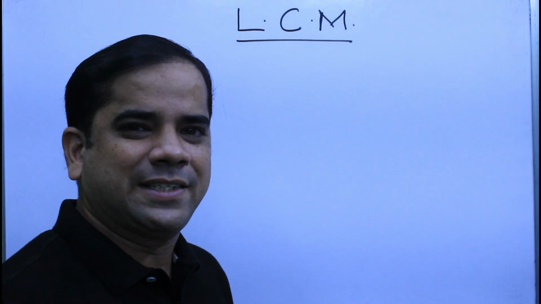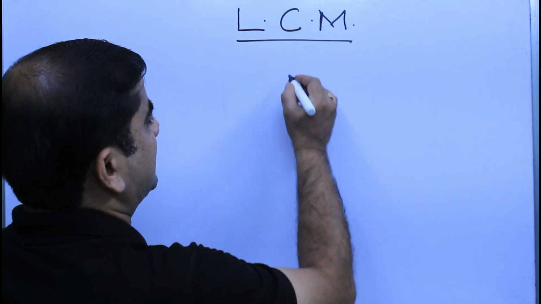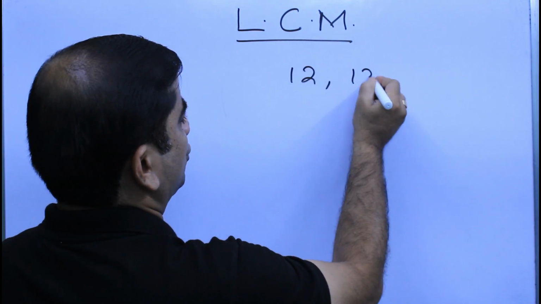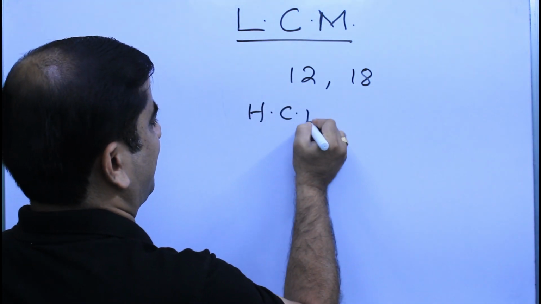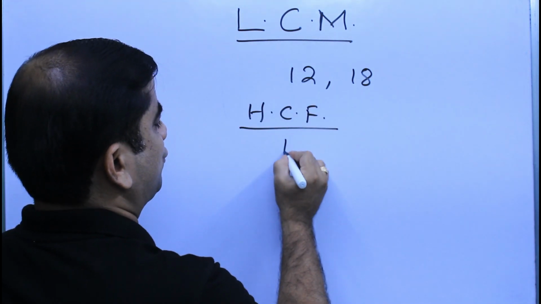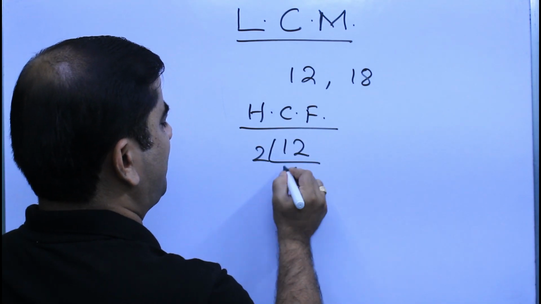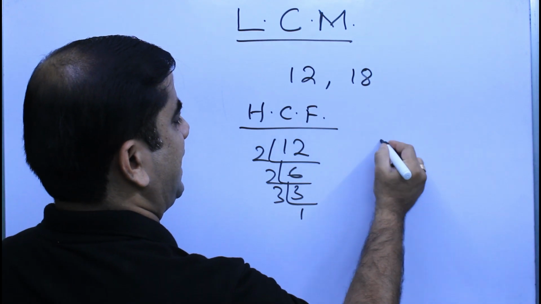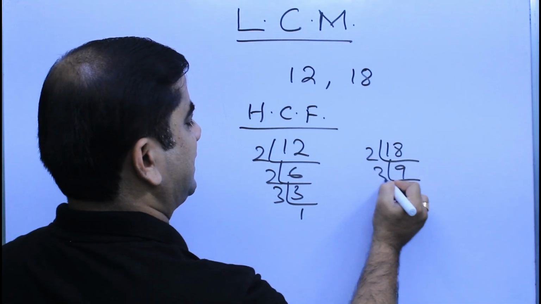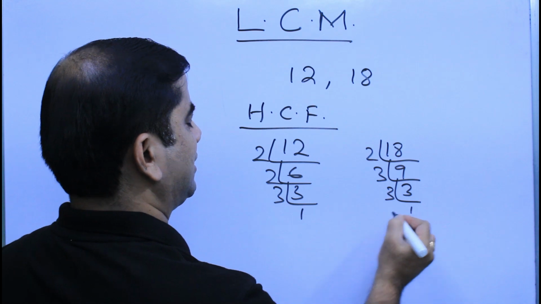Students, let us now discuss this using two numbers 12 and 18. So first of all, let us find their HCF and LCM. For HCF, let us factorize 12 and 18. 2 6s are 12, 2 3s are 6, 3 1s are 3. 2 9s are 18, 3 3s are 9, 3 1s are 3.